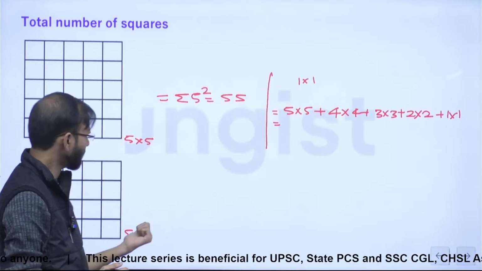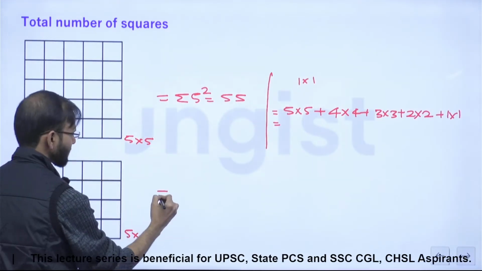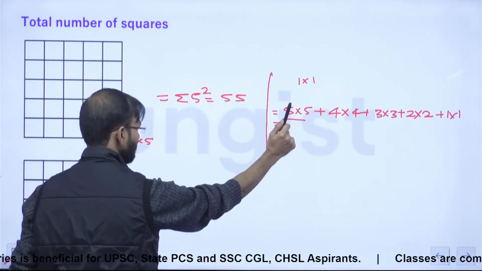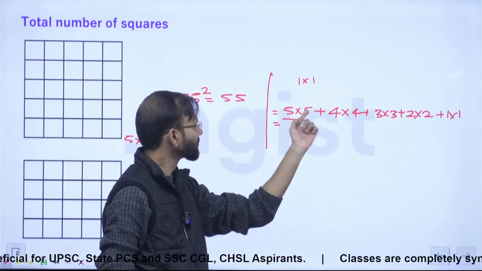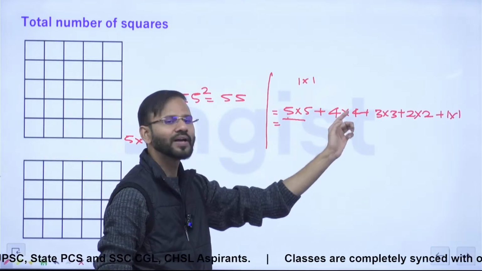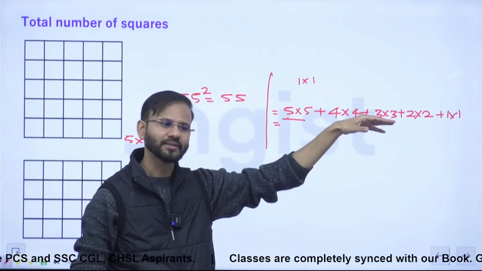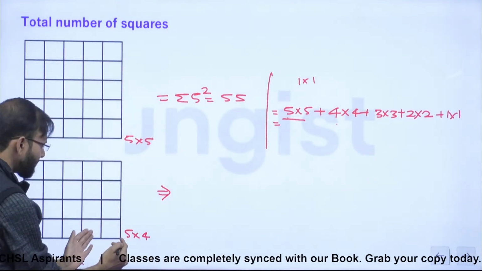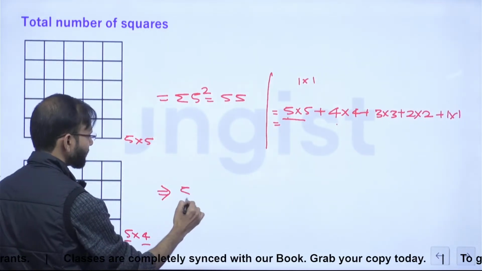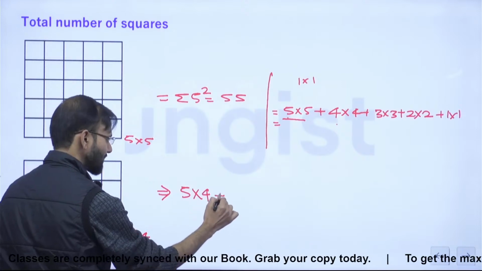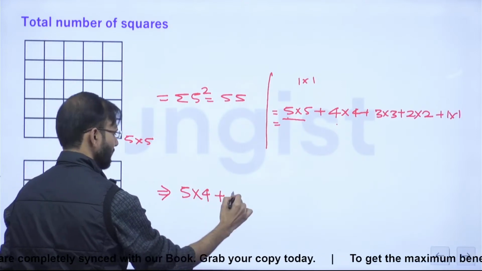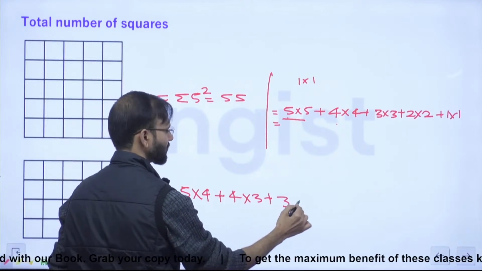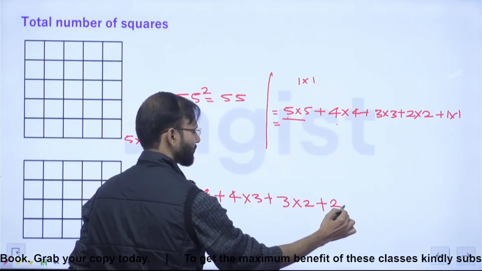And here also, just look at this number, guys. Here, we are first thinking about the order, and then we are reducing 1 from this value and 1 from this value, and we keep on adding by doing the same thing, right? So here also, we just start with the order. So this is 5 by 4 plus what? 4 by 3. 4 into 3, very good, plus 3 into 2 plus 2 into 1.